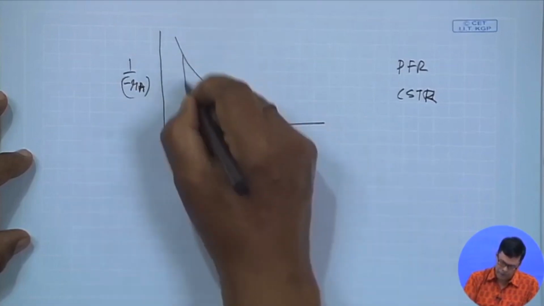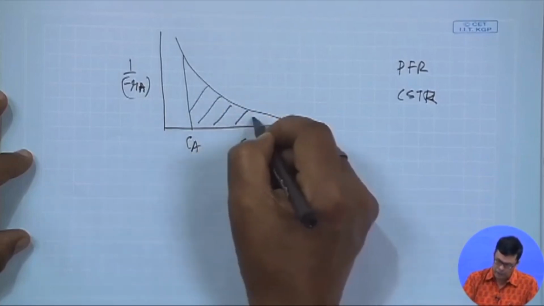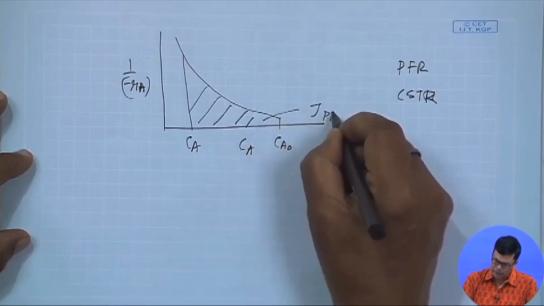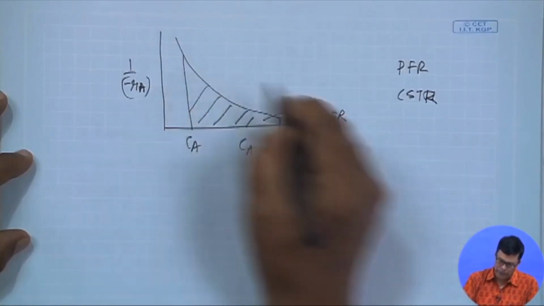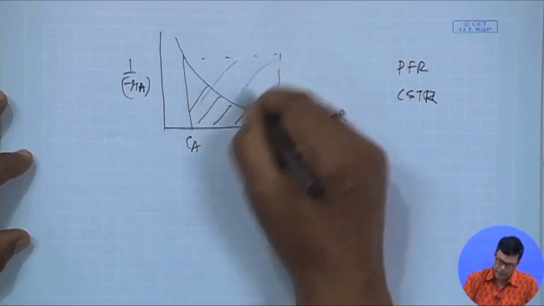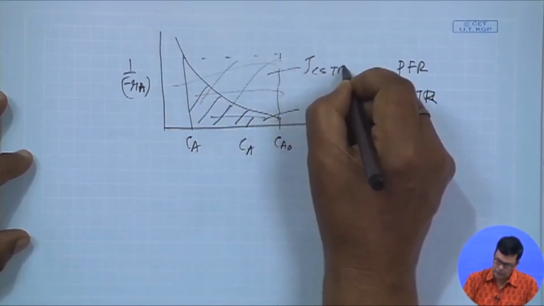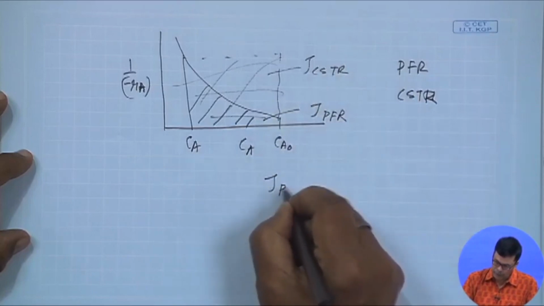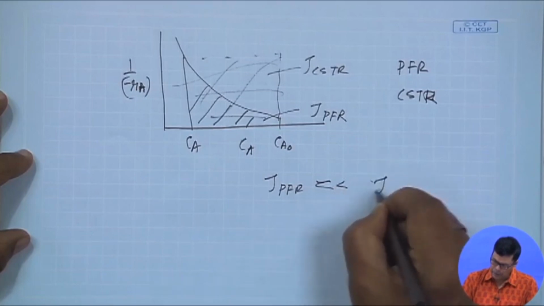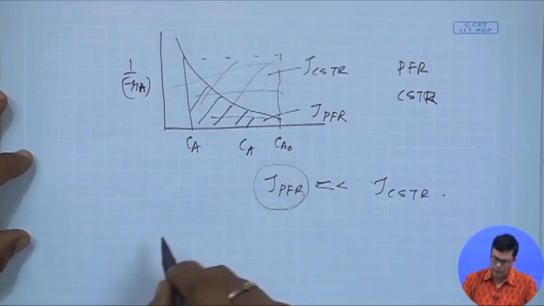This is CA0 and this is CA. In case of the plug flow reactor, the area under the curve is tau plug flow reactor, the space time, and in case of the CSTR, the area under this curve will be tau CSTR. Now tau plug flow reactor here is much less compared to tau CSTR. So we will go for the plug flow reactor.